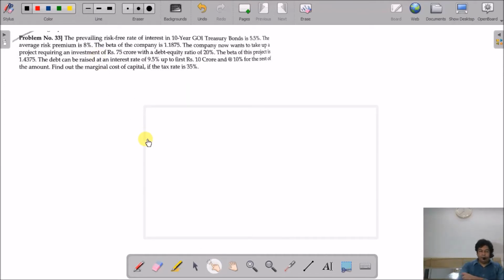Okay, so now we are moving to sum number 14. So I will be reading the sum for you all.